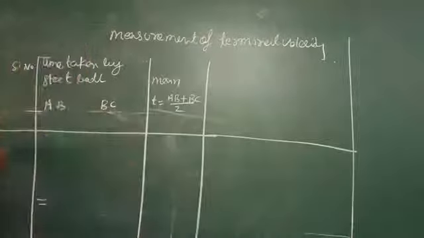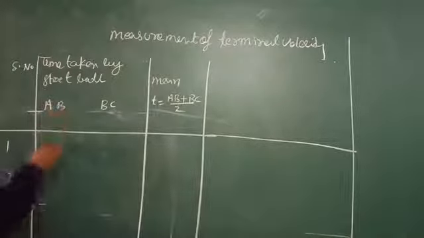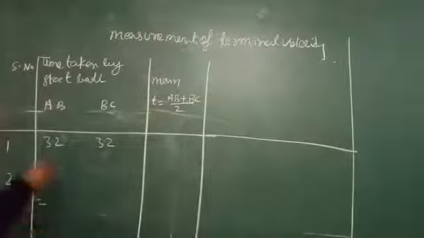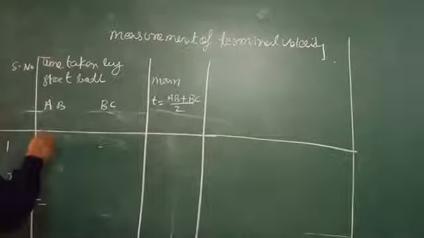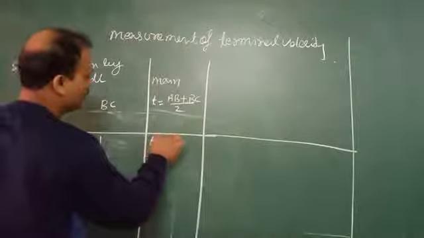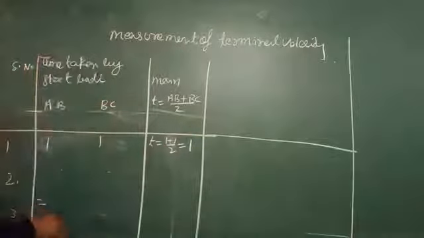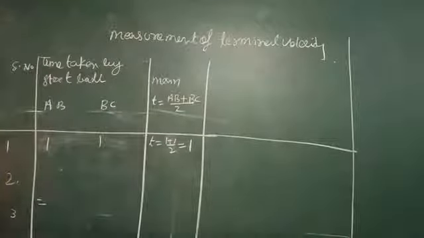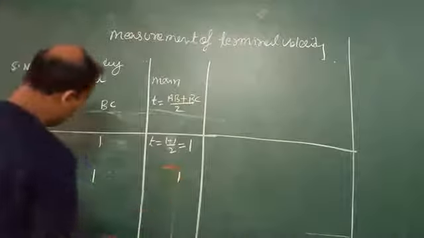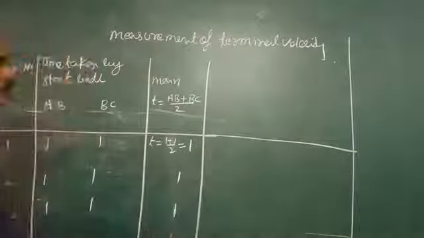So let's see numbers 1, 2, 3. Time taken for AB, 32, is 1 second, and BC is 1 second. That is T equals 1 plus 1 upon 2 equals 1 second. And the time is 1 second each time.